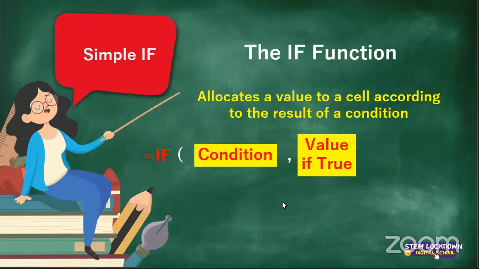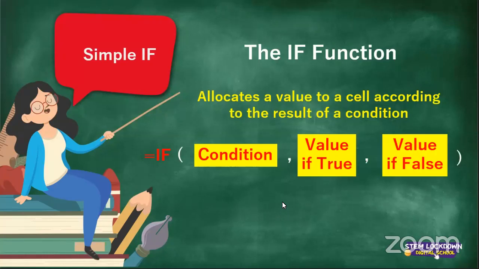You'll understand it further when I go into the spreadsheet, right? So the third argument of the if is value false. This is what should be displayed if the condition that you would have set is not met, all right?